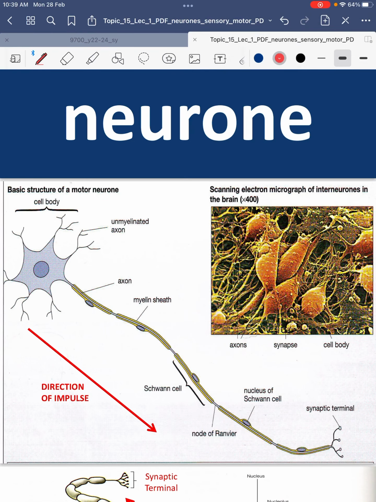This long extension will be wrapped by Schwann cells, and the material that is wrapping this axon is called myelin sheath. In areas where there is no myelin sheath, like this one here, is called node of Ranvier. And this is the nucleus of the Schwann cell, which is wrapping this axon.